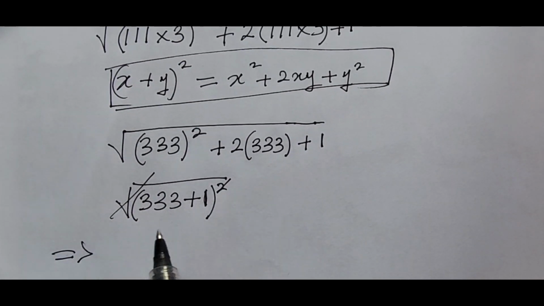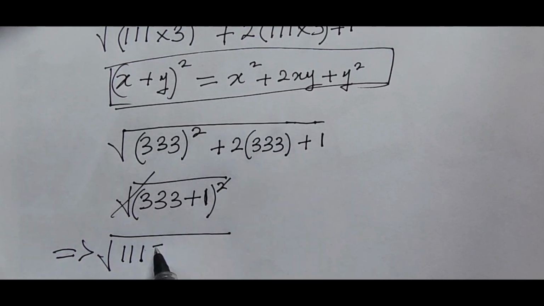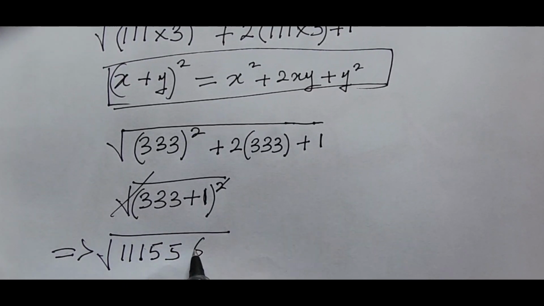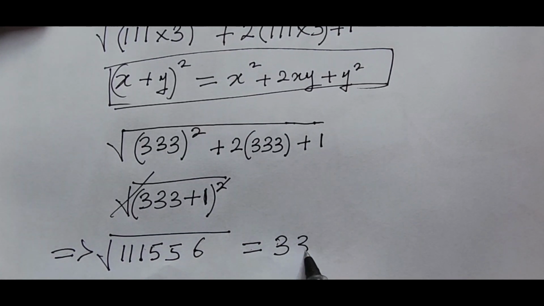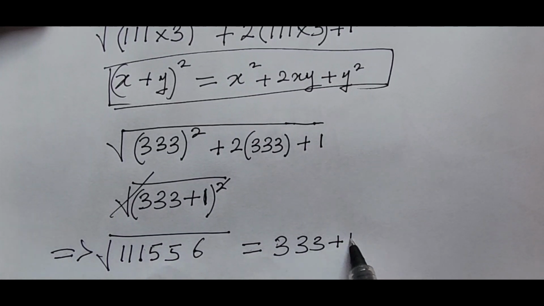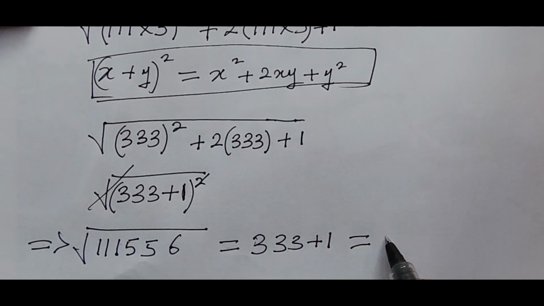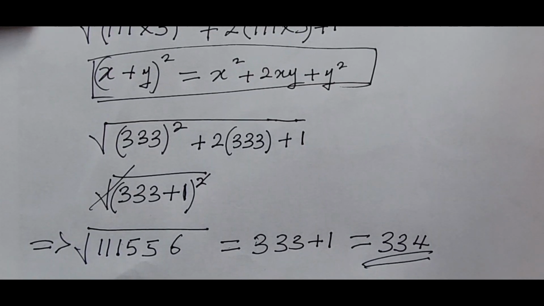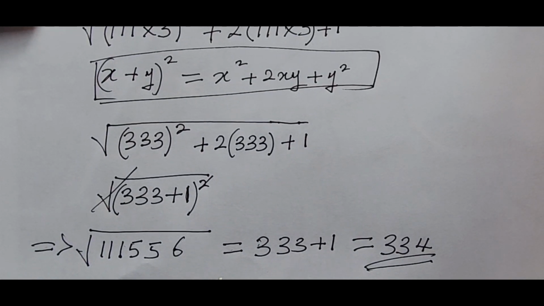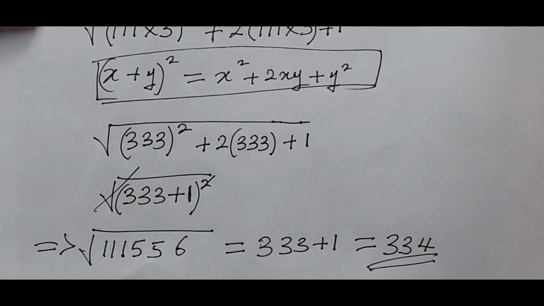This now implies that the square root of our 111,556 is equal to our 333 plus 1. Okay, so if we add this to this, it's going to give us 334. So this is the final answer when you evaluate this expression without the use of the calculator.